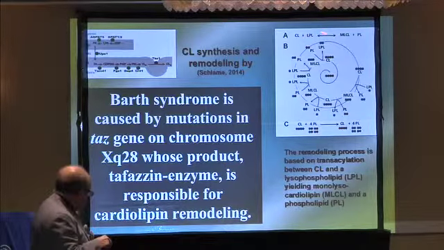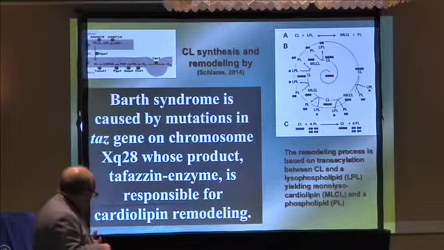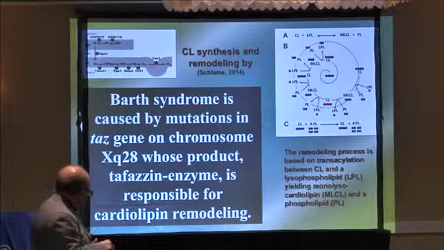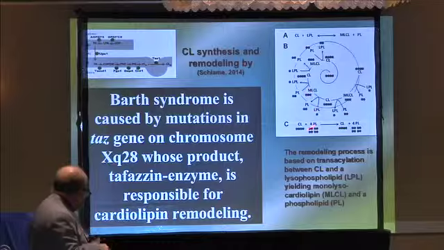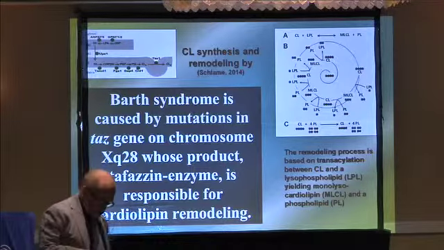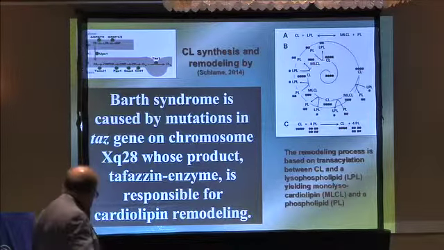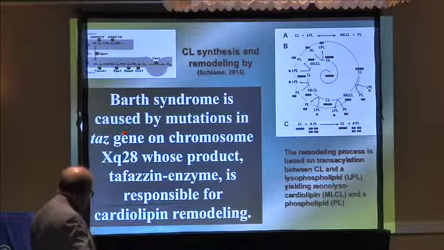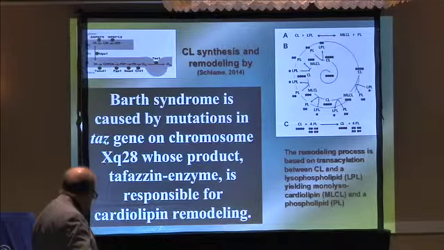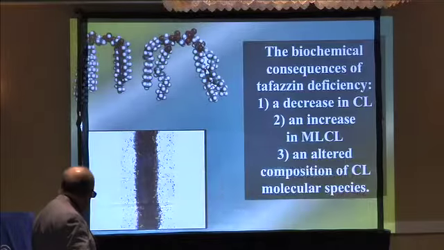It's a sophisticated multi-stage process in which monolysocardiolipin can be reacylated to form, in the end, this tetralinoleoyl cardiolipin. And Barth syndrome, as we all know, is a state where this process is, one way or another, interrupted.